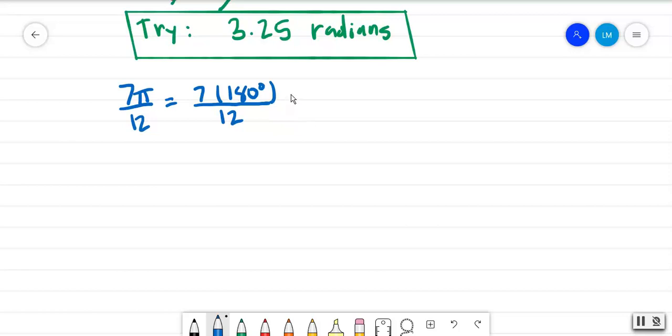So in that case, 12 into 180 is 15. So you have 7 times 15 degrees, which is equal to 105 degrees. You can use that to your benefit, knowing that 180 is pi, if you want to do the conversions.